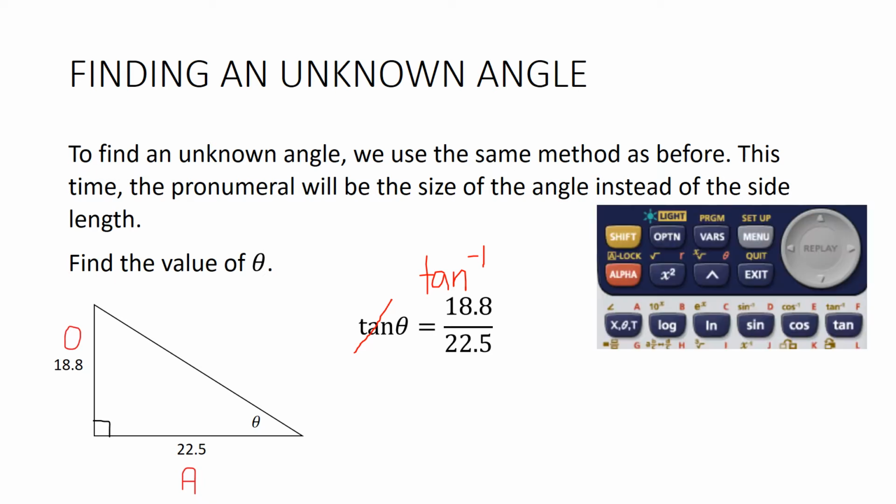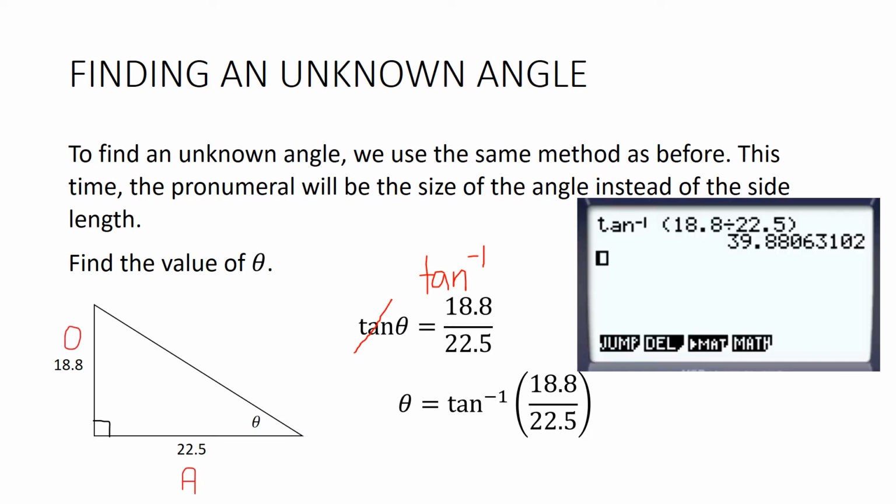Now, on our calculator, above the sine, cos and tan, but in particular the tan, you can probably, hopefully, just see tan with a little -1, and you get it by doing shift tan. So we're going to go shift tan, in brackets 18.8 divide 22.5 like this, press equals, and we get 39.88063102. We only need 3 significant figures, so our answer will be 39.9 degrees.